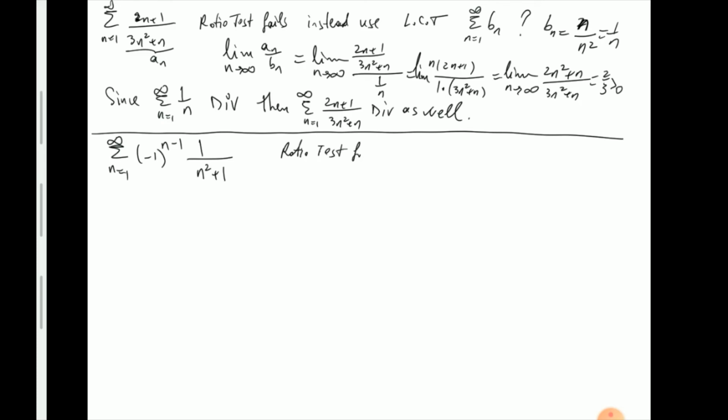I don't even try it. The limit will be 1. Again, if you're not convinced, apply it and see what happens. It's just made of polynomials, so the ratio test will fail. Let's see if I can use the absolute convergence test. So let's look at the series that is made of the absolute value of what I had there.